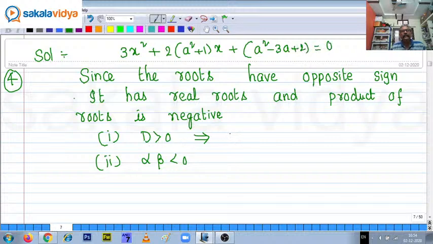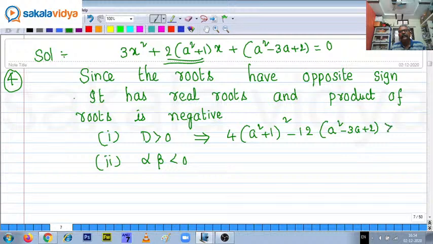First, D means discriminant, b square minus 4ac. b square means 4 times (a square plus 1) whole square minus 4 into 3, 12 times (a square minus 3a plus 2) greater than 0. Next, alpha beta: what is the product of the roots of this equation?